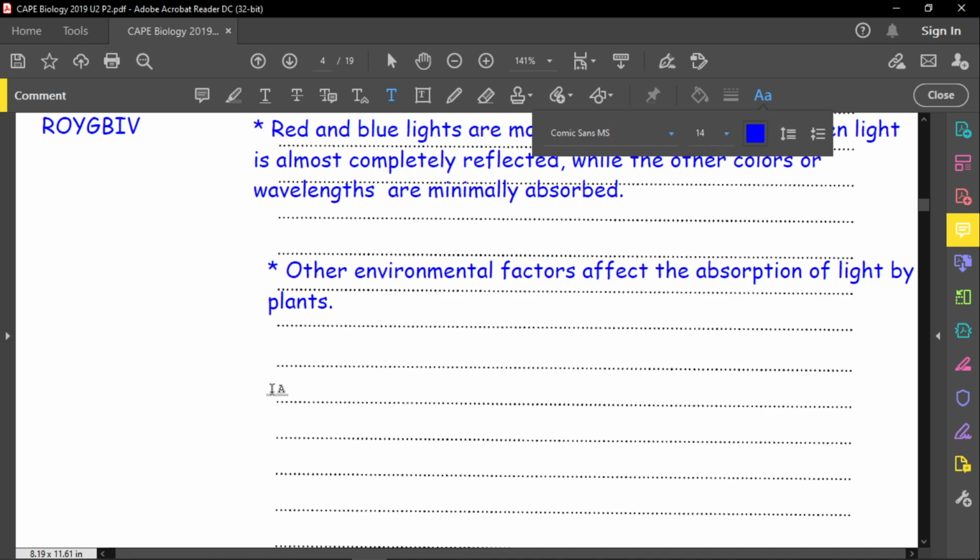One such environmental factor that I want to mention here is water. So I'm going to make a note that if water is low, for example, sometimes you may have a dry season or a drought, and rain is not always falling, and roots are not always deep enough to absorb enough water out of the soil.